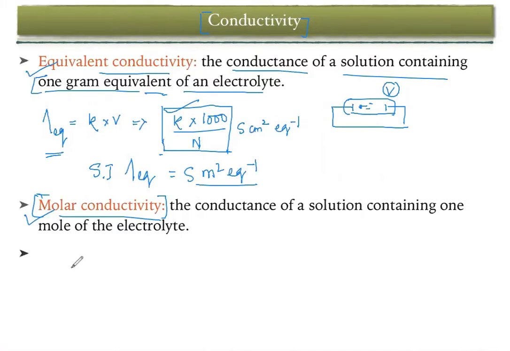So in terms of molar conductivity, lambda M, where M stands for molar conductivity, is equal to conductivity, that is kappa or K, into 1000 divided by M, where M is the molarity.